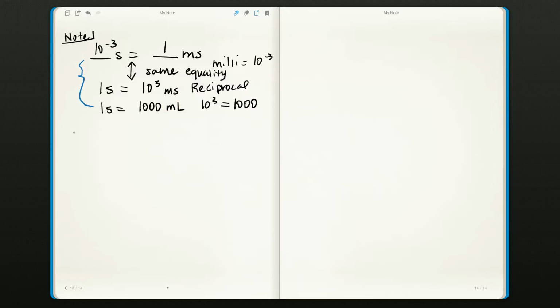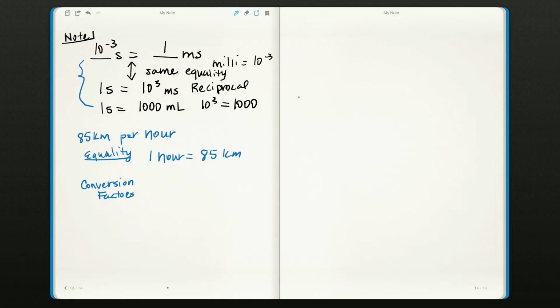Okay, so next example, if a car is traveling 85 kilometers per hour. Okay, so we need to write an equality for that. So 1 hour equals 85 kilometers. So now what would your conversion factors be? Okay.